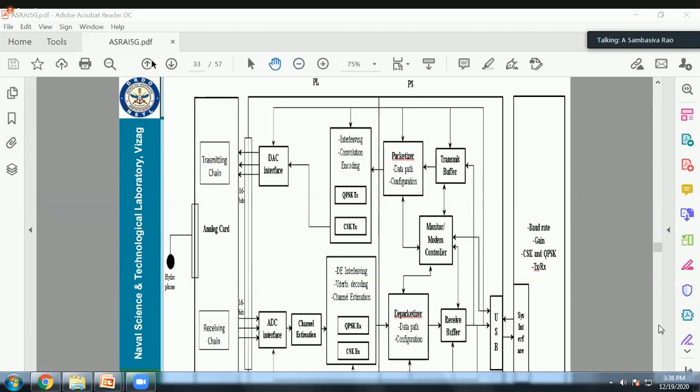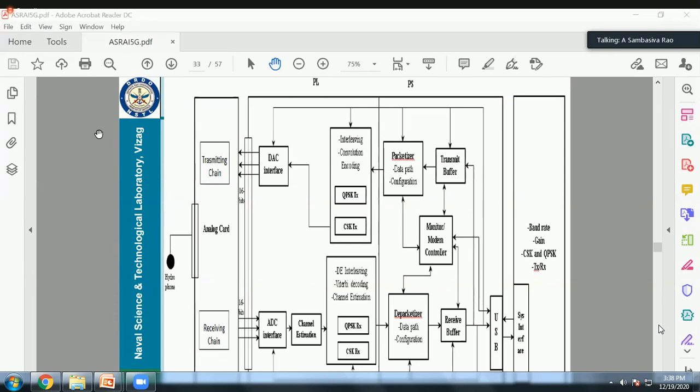Now see, this is the PS, the processing system. This is the PL, programmable logic. The FPGA part we call PL, and the processor part we call PS, the processing system. Some Corel is a firm that gives training in programming. You can contact them and have a session on how to do SDR and MATLAB codes.